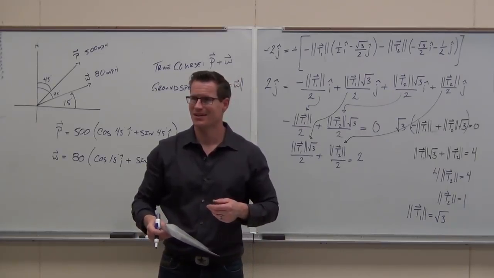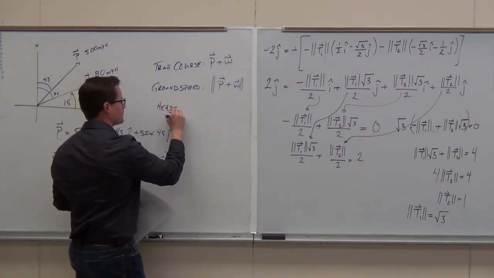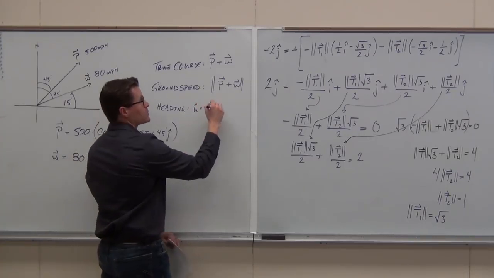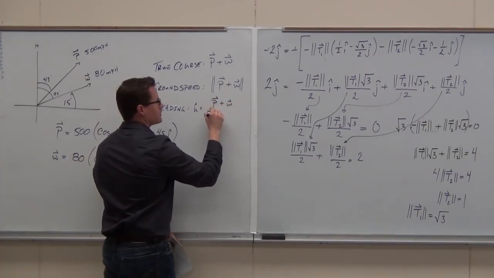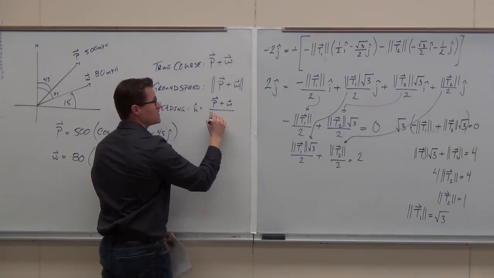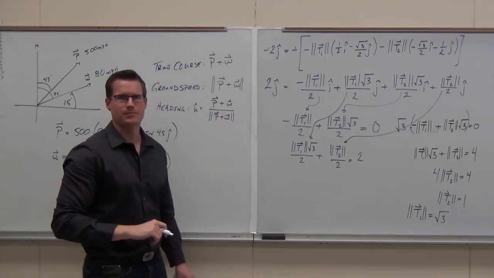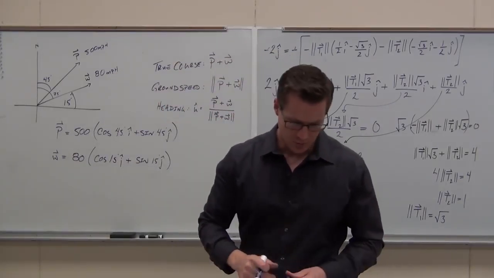Does that make sense? What's your heading? Unit vector. Where you're going divided by how fast you're getting there. That's your heading. And that's how this stuff can be used in a very simplistic way.